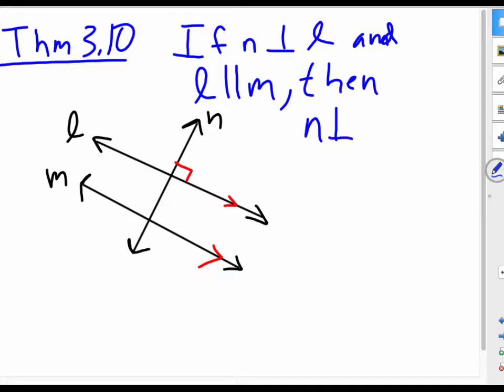That N is perpendicular to M. Does that make sense?